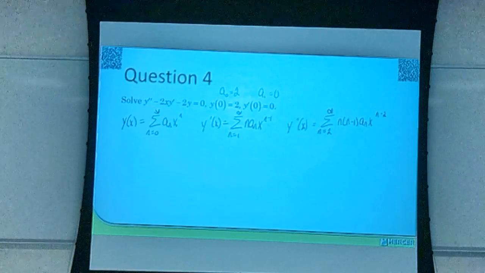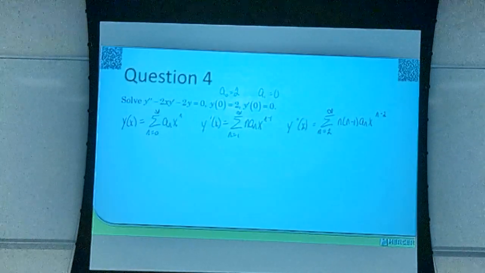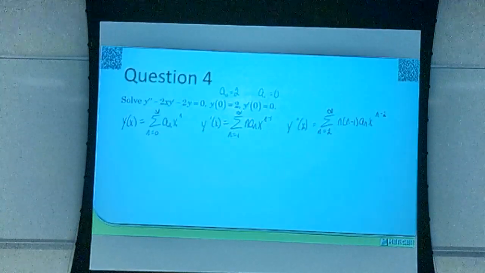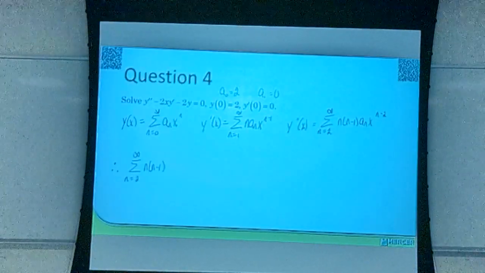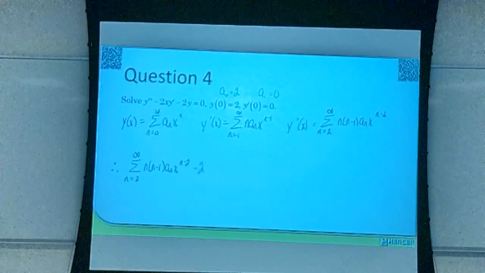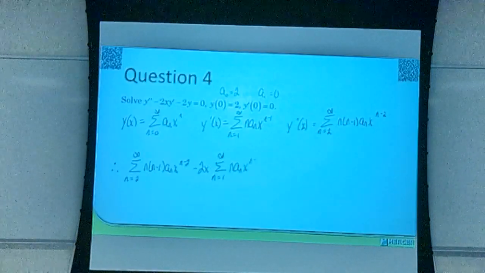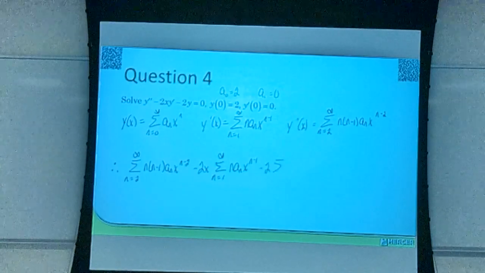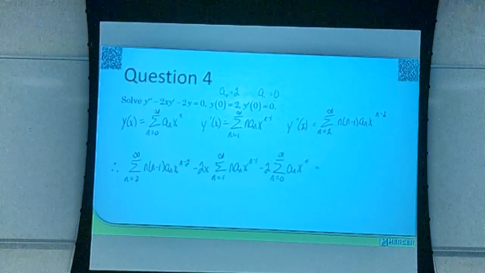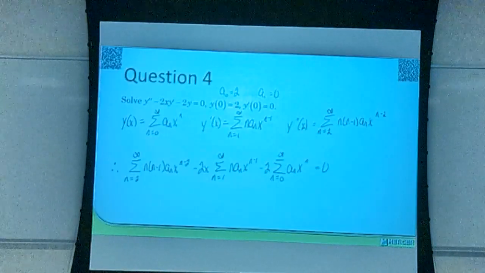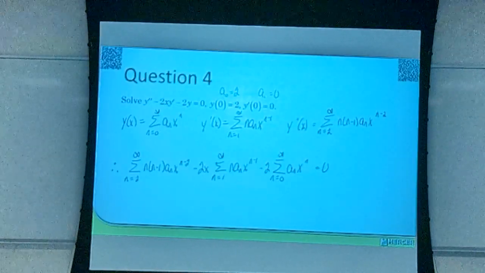Using the same argument, you're going to wind up with the initial conditions giving you a naught being 2 and A1 being 0. Plug everything in. Distribute through.